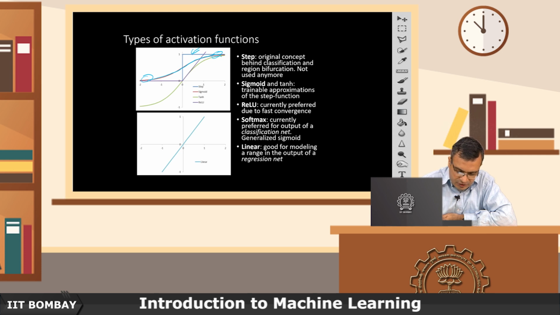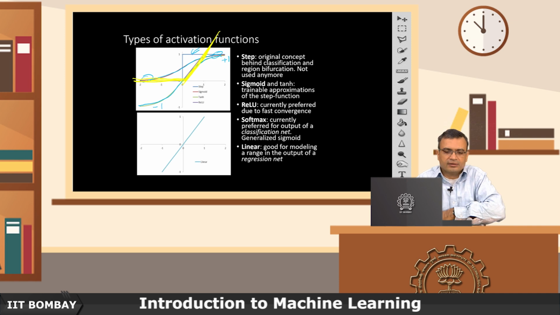A very similar function is the tanh function, which instead of going from 0 to 1 will go from -1 to +1 on the left asymptote and the right asymptote. Another very useful function is the rectified linear function. So it's 0 on the negative side and identity on the positive side, and although we have 0 derivative here on the negative side, we are not too worried about it, because we assume that for at least half the input samples, the output computed will be on the right hand side and we will get some derivative.